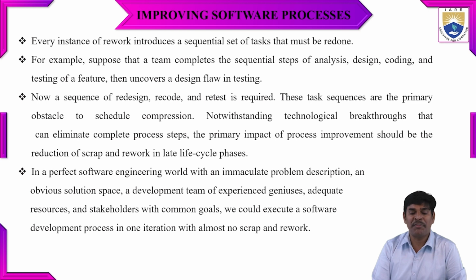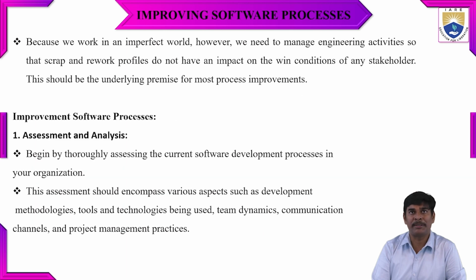The perfect software engineering team has experienced engineers, adequate resources, and common stakeholders with common goals, and executes the software development process in one iteration, so that there should not be any rework or scrap during this stage. This is the best way to improve the software process.